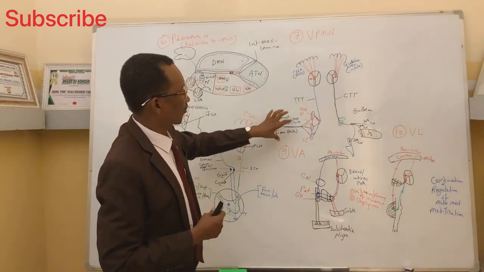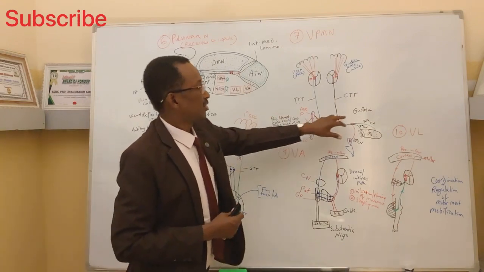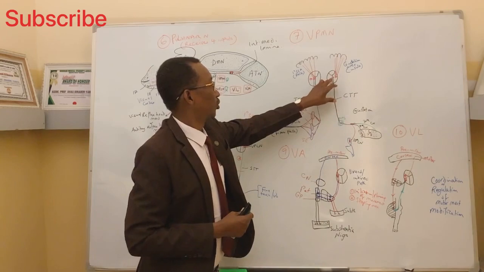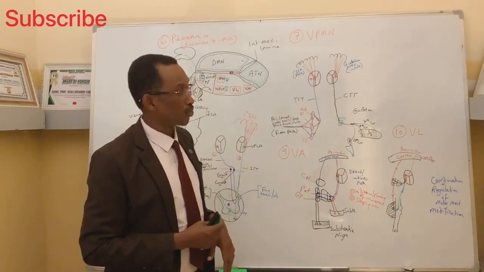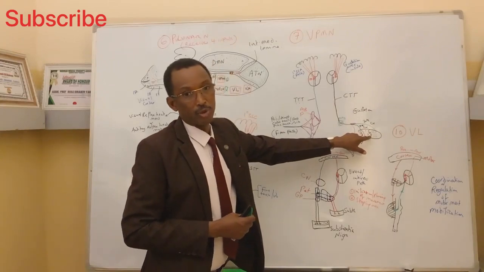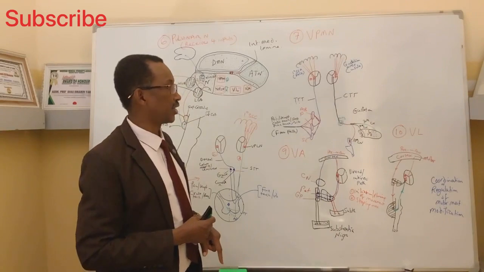So again, apart from carrying information for pain, temperature, and other sensations like that, taste sensation is also carried to the ventral posteromedial nucleus of the thalamus. This taste sensation is carried from the anterior two-thirds of the tongue via the seventh cranial nerve, that is the facial nerve.